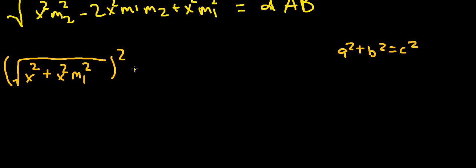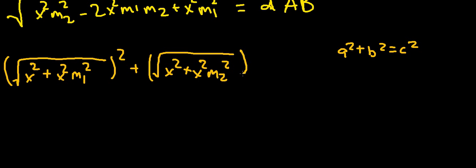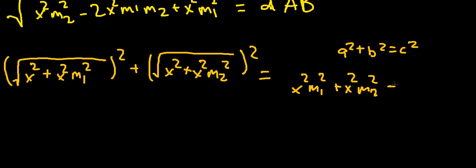So this squared plus x squared plus x squared m2 squared. And this is under the square root, or radical, 2 squared, is equal to this huge monstrosity up here, which is x squared m1 squared plus x squared m2 squared minus 2x squared m1 m2.